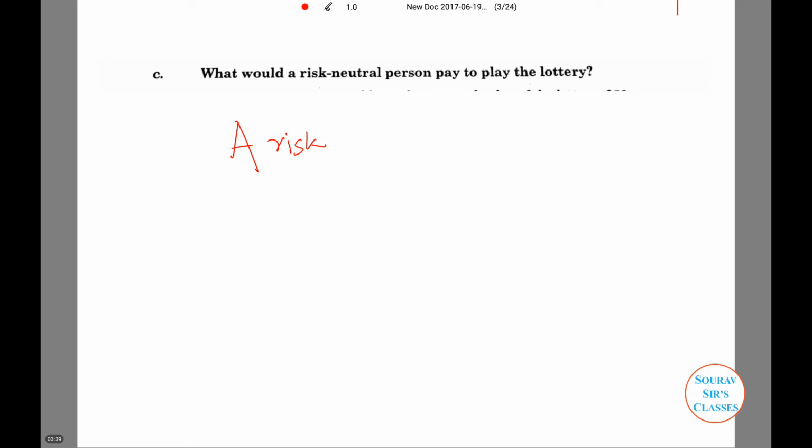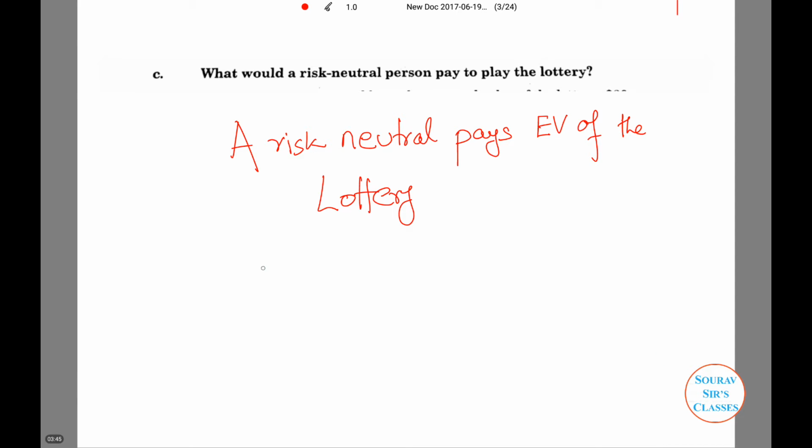That is, we find out the expected value of the lottery. The risk neutral person would pay the expected value of the lottery, which is equal to $80.